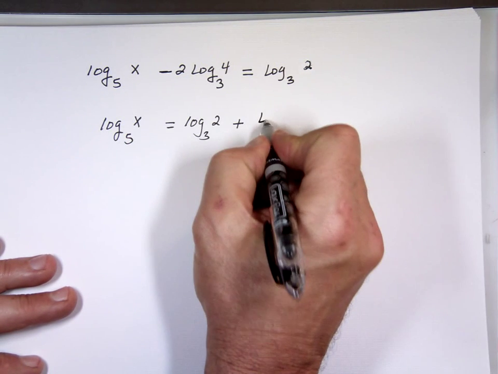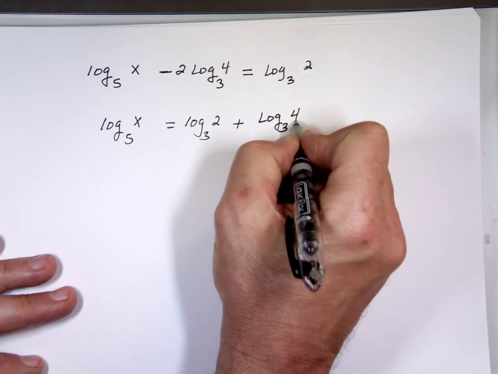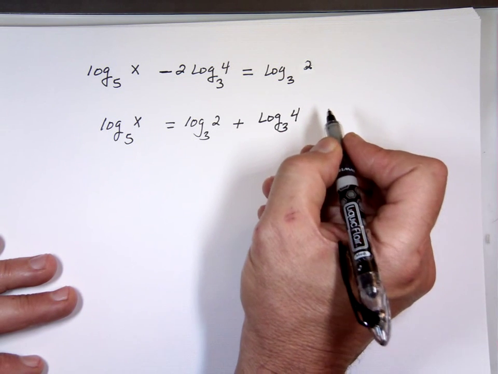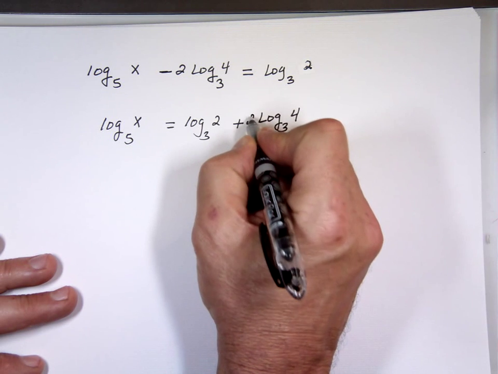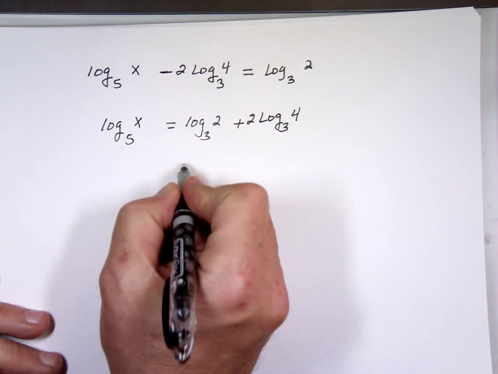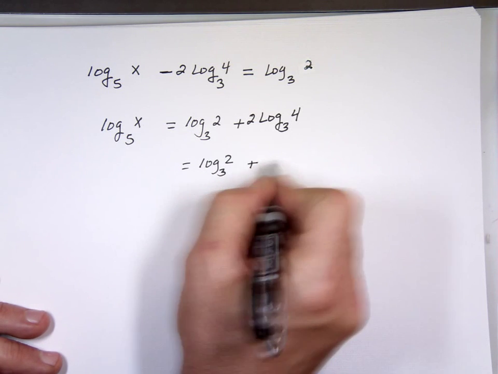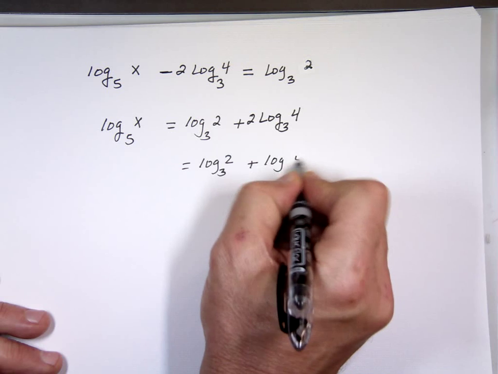Log base 3 of what? 4 to what power? I'll put the 2 here, since you were slow on it, so I'll do one extra step. So that becomes 4 squared. And what's 4 squared?